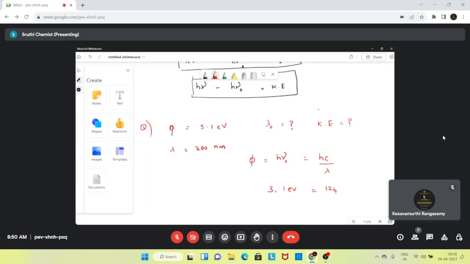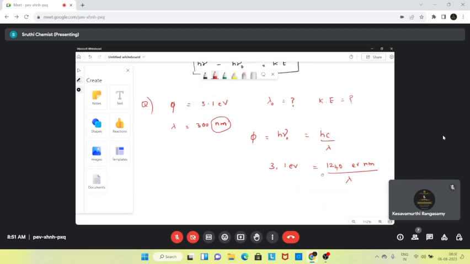But as it is given in nanometer, I can use 1240 electron volt nanometer. Because of nanometer and angstrom, it's not 12,400, it is 1240. So this is our hc value.